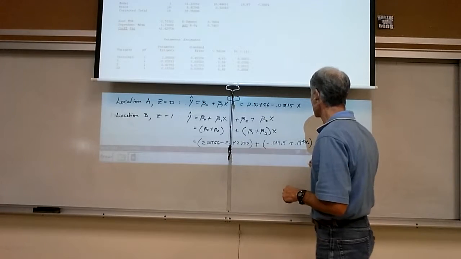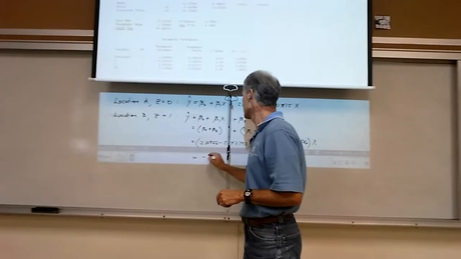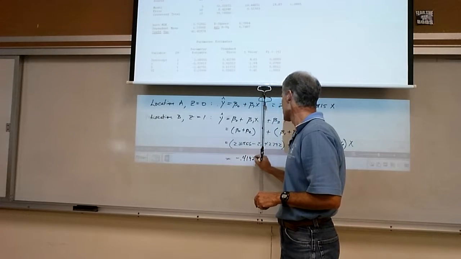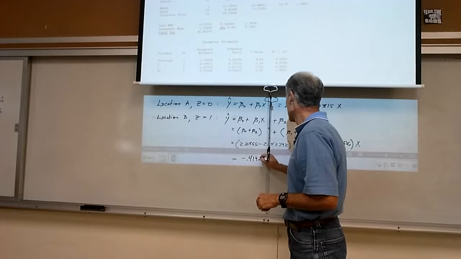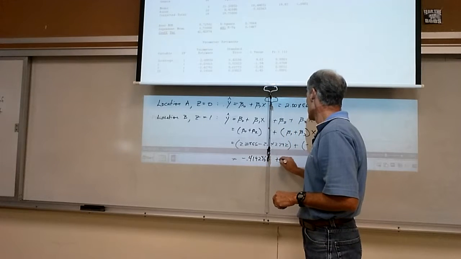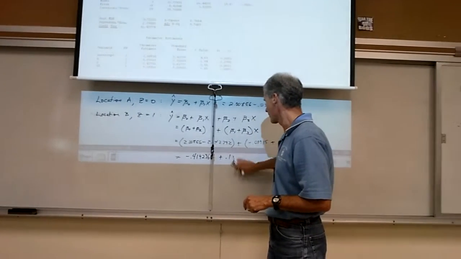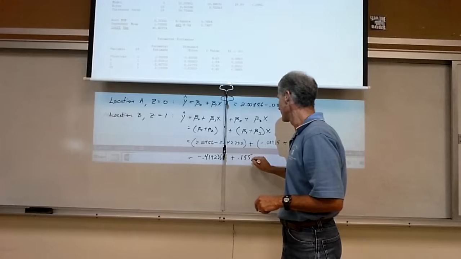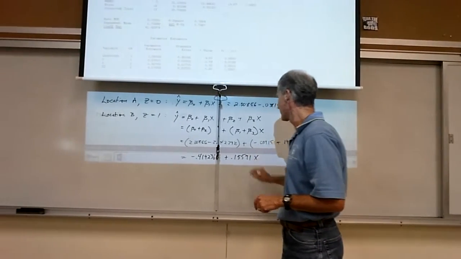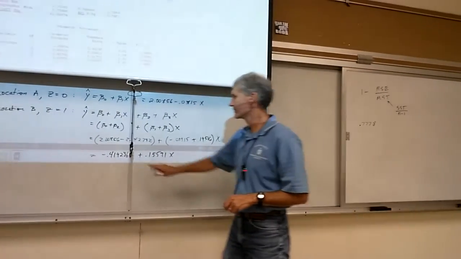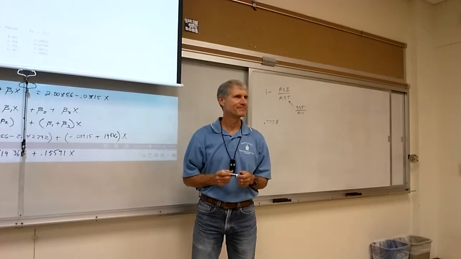The first one is negative 0.41926, and the second one is 0.15591. Got it? Okay, what about B?